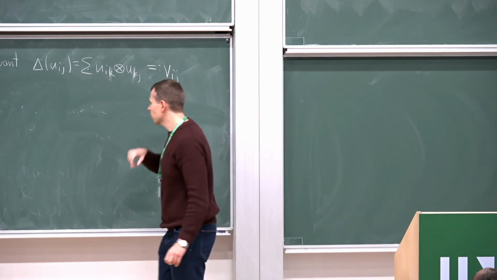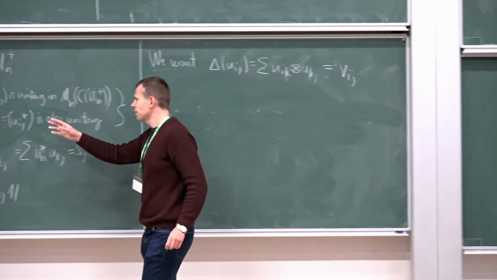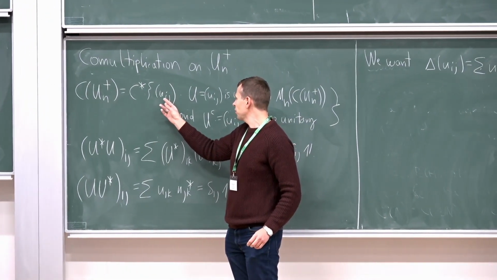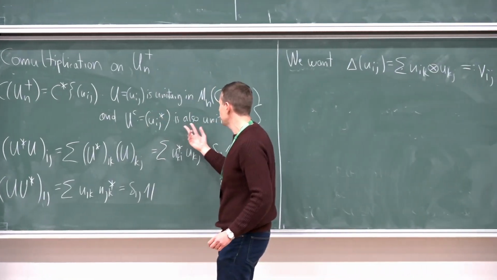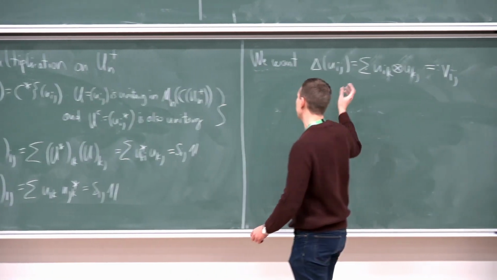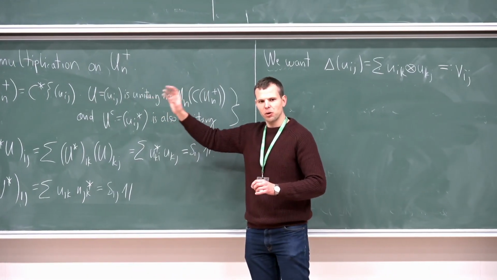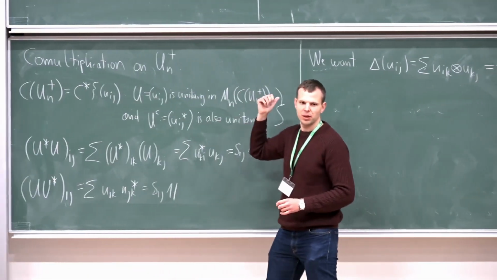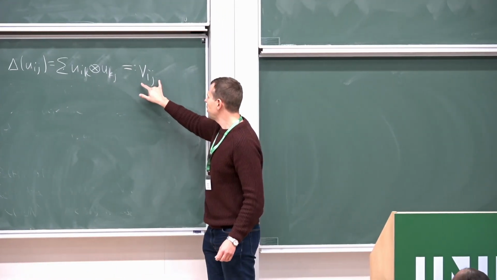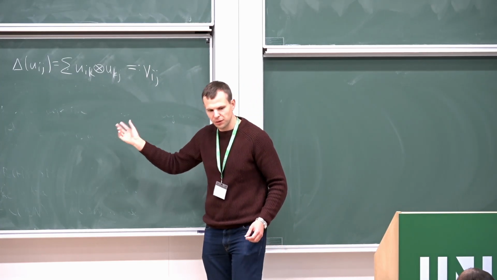Because C(U_N^+) is a universal object generated by u_ij satisfying these two conditions, if we find any other realization that satisfies these two conditions, we get a star homomorphism from this C-star algebra to the other one. So we check that the matrix formed by v_ij satisfies the defining relations.